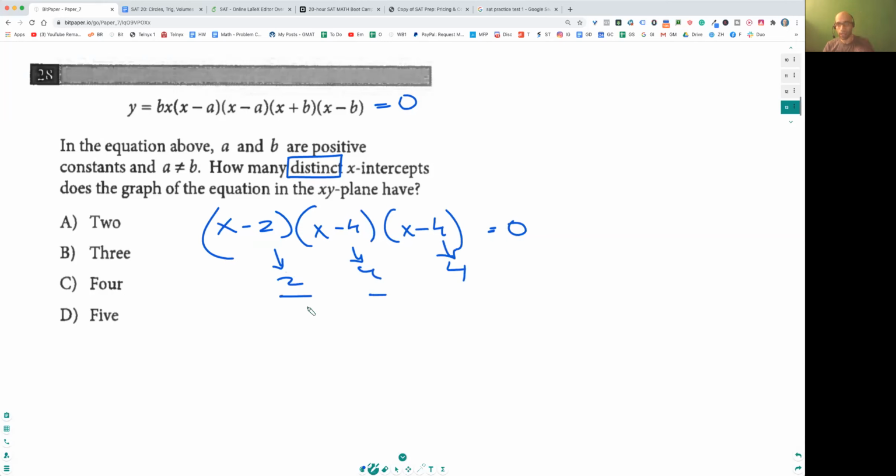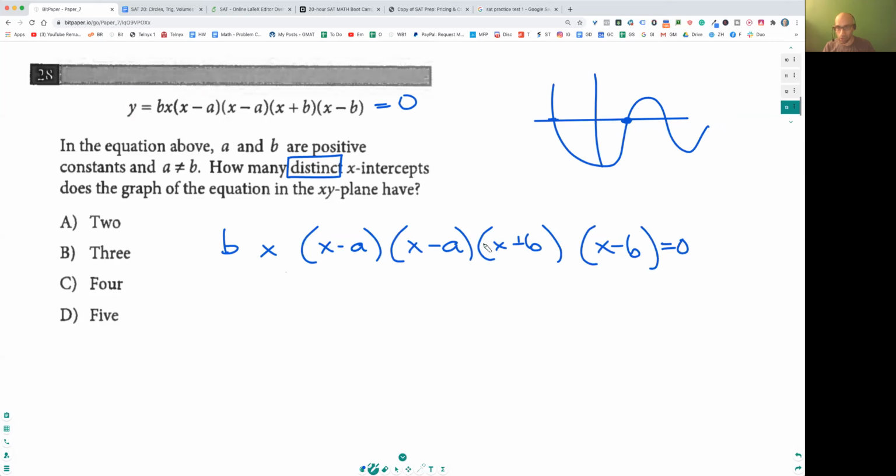What you need to do is set this equal to 0. That's what the x-intercept means. Say something crosses the axis like this. That means the y values are 0, which is why you set y equal to 0. When you set it equal to 0, now you know what to do next.